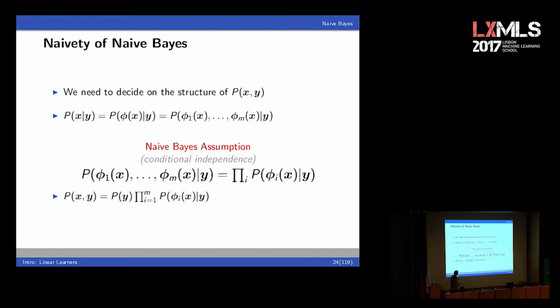Naive Bayes takes the probability of the features given the label and forgets about all the history. All the features are considered independent. This makes it very easy to optimize this model. So the joint probability that we want to learn is the probability of the label and the product of the features given the label. Most models in natural language processing were of this type in the 1990s.